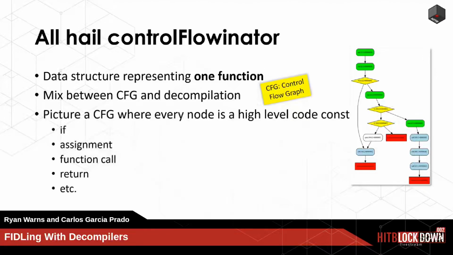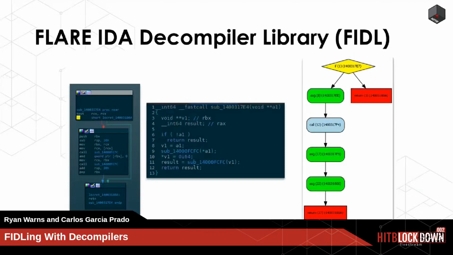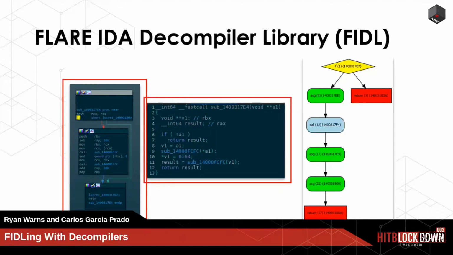So when you are debugging it, it looks something similar to this. If you have been using IDA, you are used to the control flow graph where you're deep into the binary, just looking at the assembly instructions, or, if you're lucky enough to have the decompiler plugin, you are used to this. This is exactly the decompiled code of the assembly on the left. Now what you have with FIDL is something in between those.